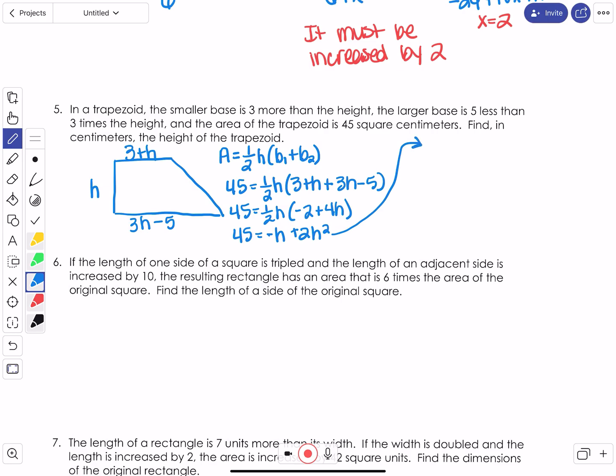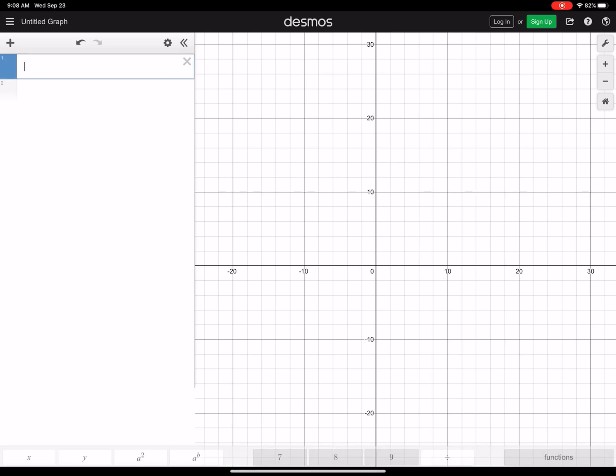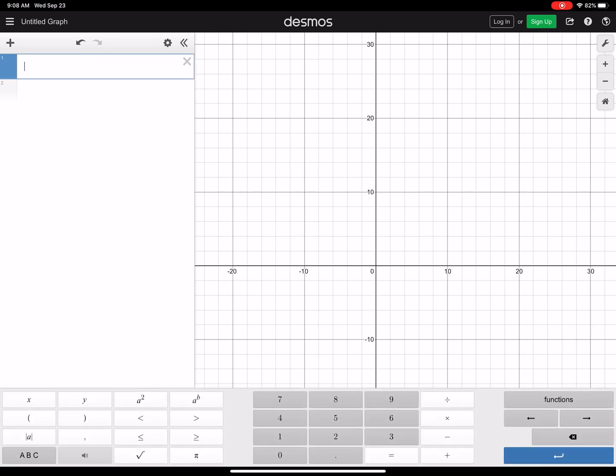So I'm going to move that 45 to the other side. Let's go over here where I've got a little more room. And I'm going to reorder. I'm going to put my 2h squared first, minus h, and if I move 45 over, it's going to become negative. And I actually should put a 0 over there because everything's going to the right side. Okay, so here's my equation I'm going to type in on Desmos. Remember, I just like to use x's instead of any other variable.